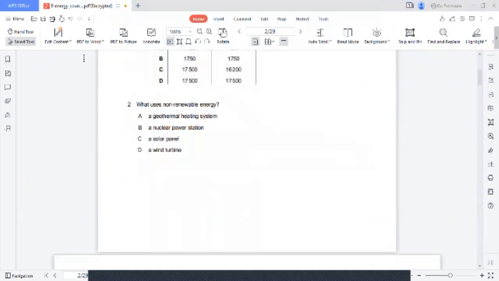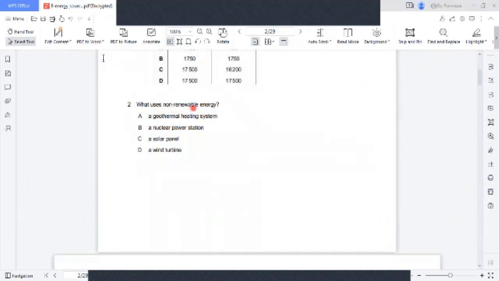Okay, what uses non-renewable energy? Renewable energy is which can be reproduced, and non-renewable energy means which cannot be renewed. Wind turbine uses renewable energy. Solar panel uses renewable energy.